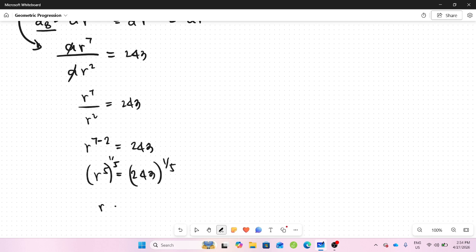What's left on the left side is r, while on the right side, 243 to the power of 1/5 is actually equal to 3. So the ratio is actually 3, and that is the answer.